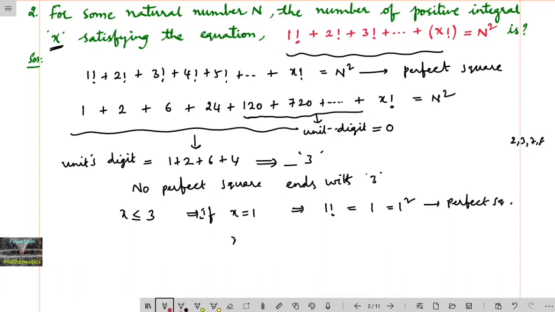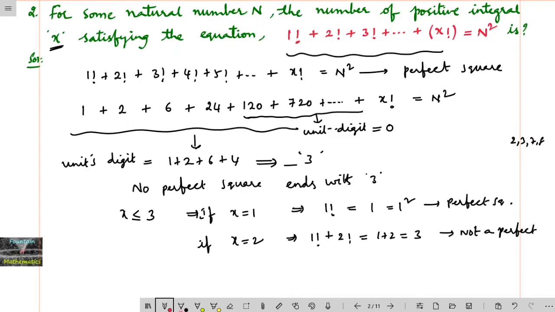And suppose x is equal to 2. Then we'll have 1 factorial plus 2 factorial. Let me write. 1 factorial plus 2 factorial, that is 1 plus 2 is equal to 3, which is not a perfect square.